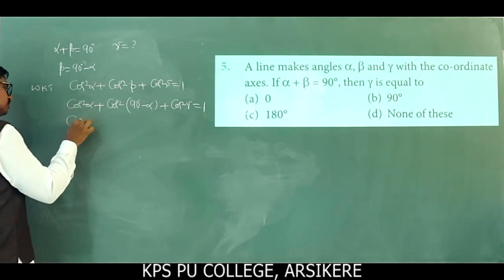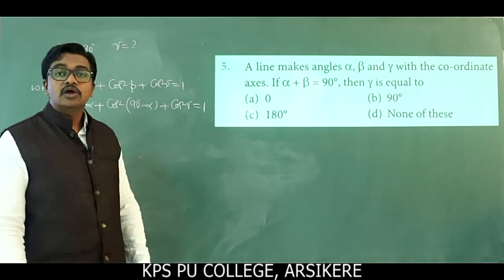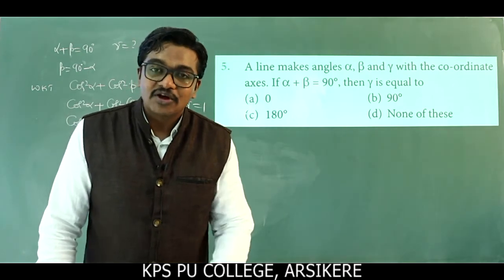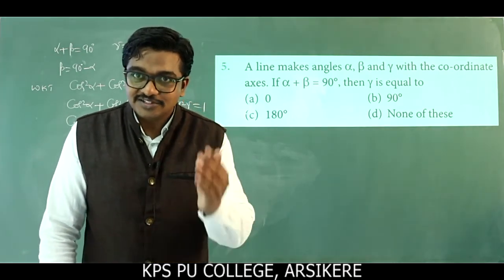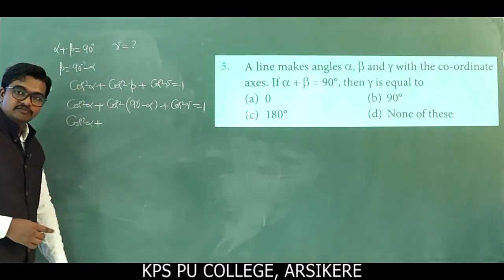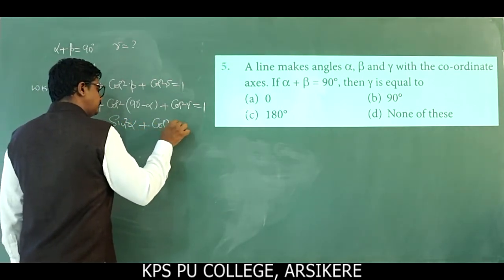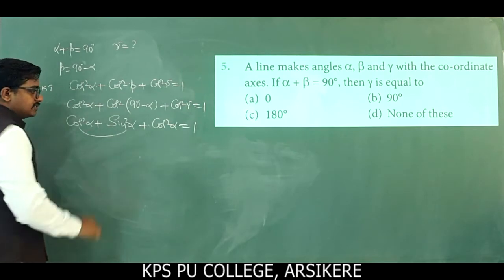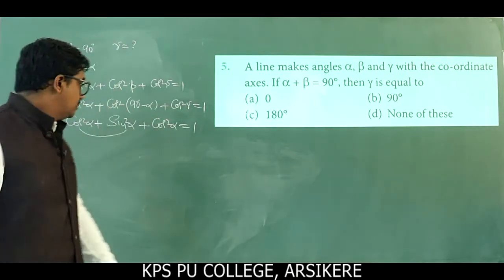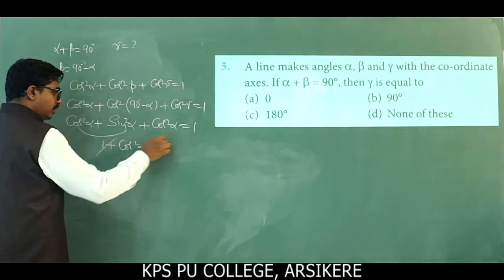Cos of 90 minus alpha whole square, cos of 90 minus theta becomes sin theta, because in the first quadrant all trigonometric functions are positive. So this becomes sin square alpha plus cos square alpha is equal to 1, because this is the trigonometric identity. So this becomes 1 plus cos square gamma is equal to 1, 1 and 1 get cancelled.